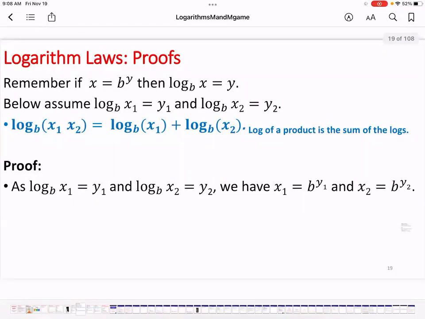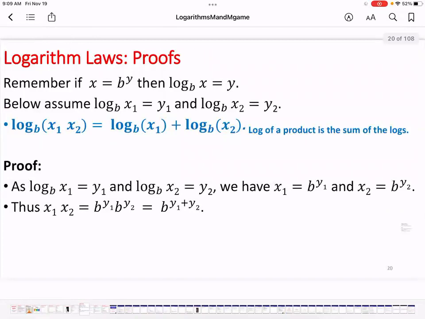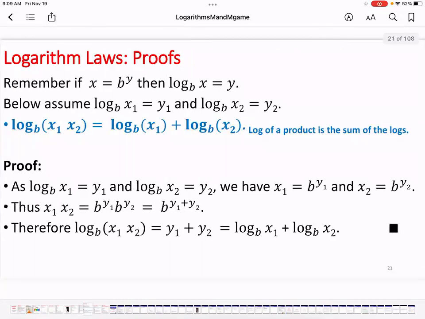Well, it seems pretty natural to just multiply x1 and x2. This really is a follow-your-nose proof. If we multiply x1 and x2, we have b to the y1 times b to the y2. Well, we can just add the exponents. And now by the definition of logarithm, the log of this number is just how many powers of b I need to get that number. Well, it's just going to be y1 plus y2. And then we just substitute for what y1 and y2 are, and we have the proof.